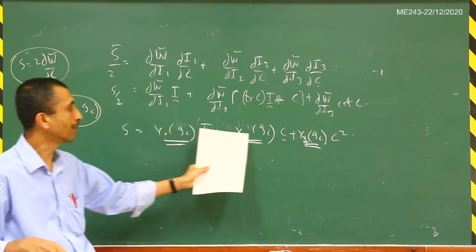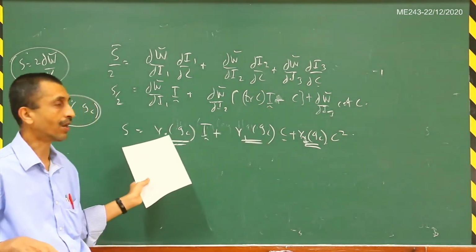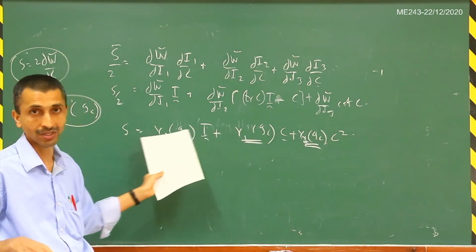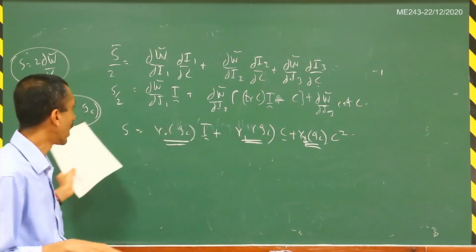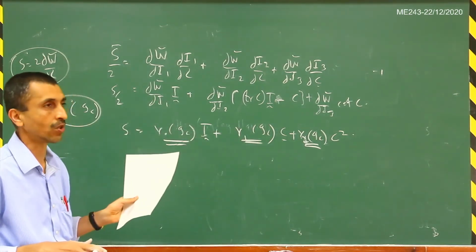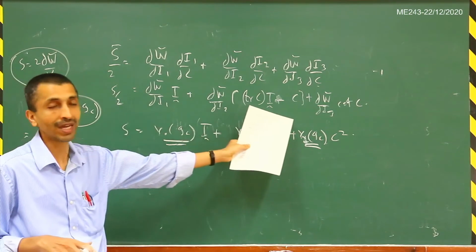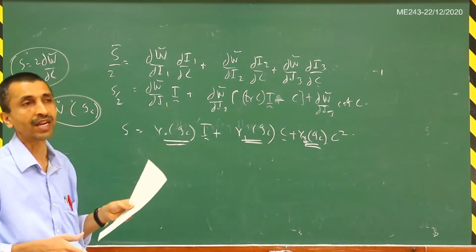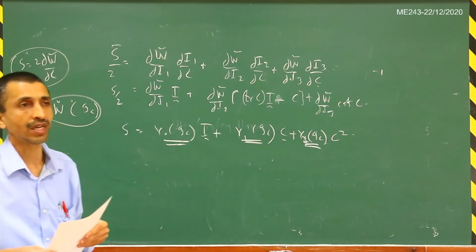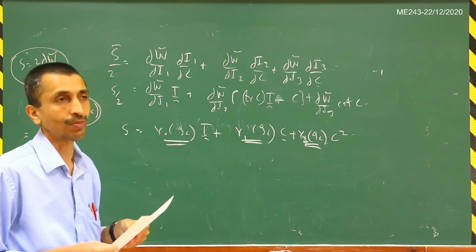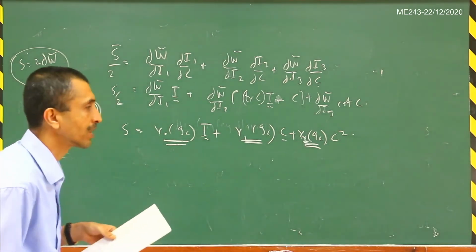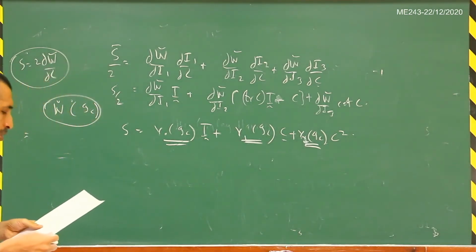You don't need to determine these 3 functions. When we had not assumed hyperelasticity, we had to determine 3 functions. Now we have to determine only one function, and the coefficients will then automatically get fixed as derivatives of the strain energy density function with respect to the principal invariants. That is the big advantage of assuming hyperelasticity.